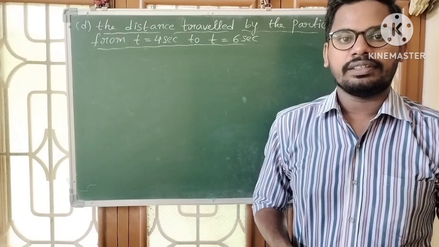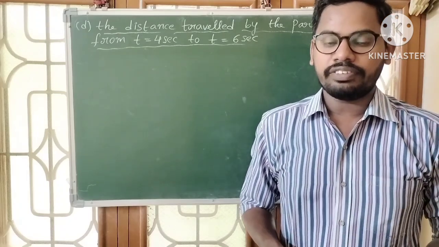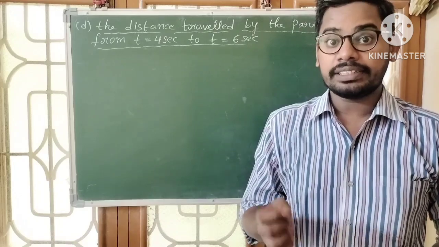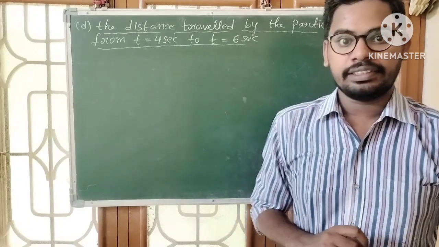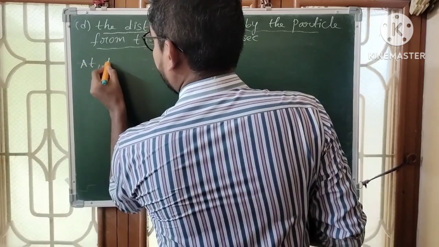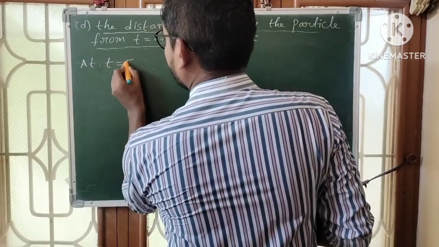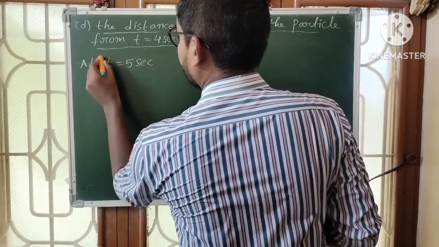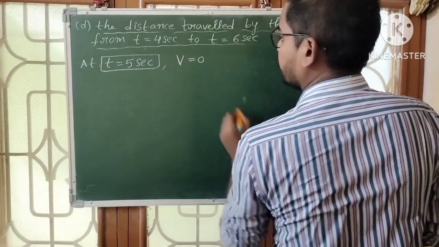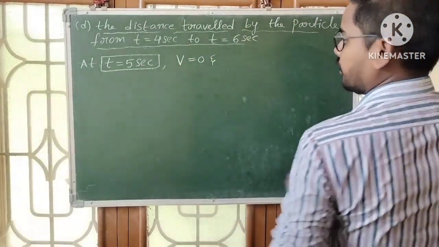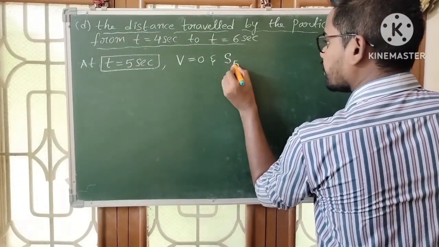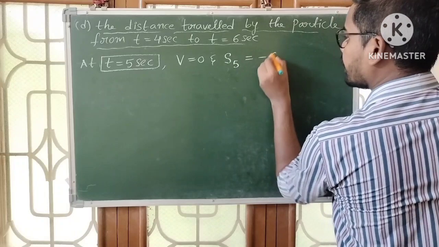We know that at t is equal to 5 seconds, the velocity of the particle is 0. It means the particle comes to rest. And what is the position of the particle at t is equal to 5 seconds? The location of the particle is minus 60 meters.